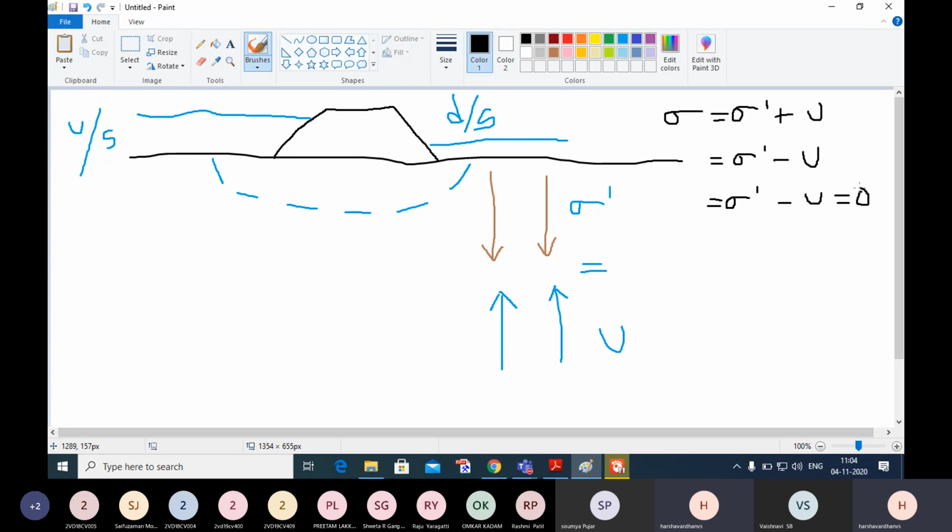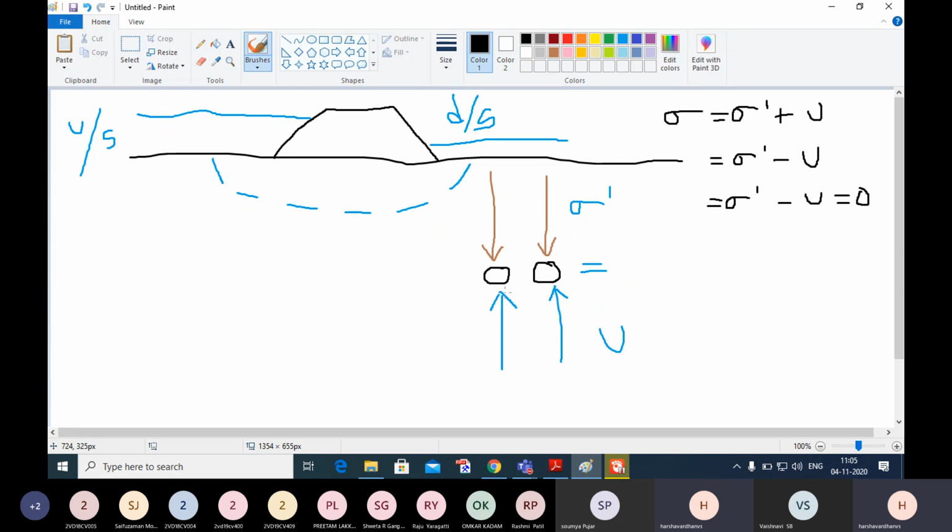condition will occur. The weight that is coming on the soil is equal to the upward pressure, so it won't act as soil particles anymore, it will act as liquid.